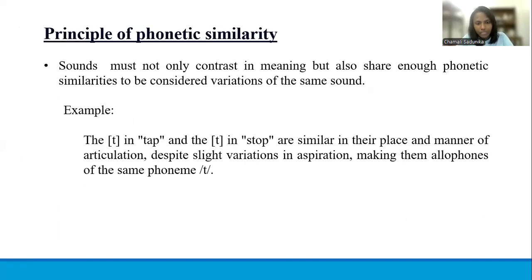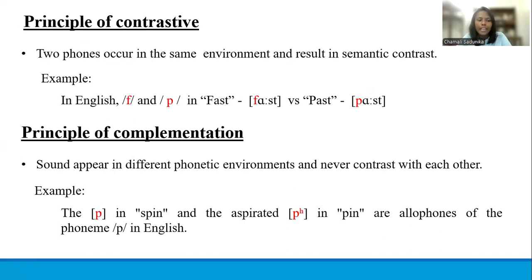Then the principle of complementation. Here we deal with allophones. Allophones are phonetic variants of a phoneme in a particular language. In this example, p in spin and p in pin. In the word spin, p is unaspirated; we pronounce it without a puff of air.